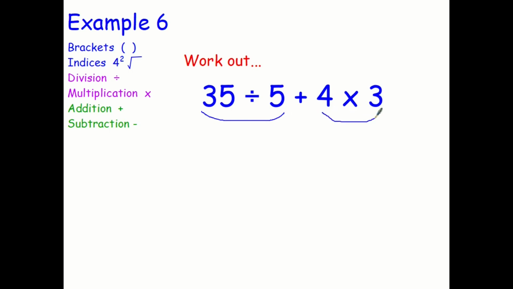So I'm going to do my 35 divided by 5, which is 7, and my 4 multiplied by 3 is 12. And then I'm just going to drop that addition sign down. So my question becomes 7 plus 12, reading from left to right, 7 plus 12 is 19.